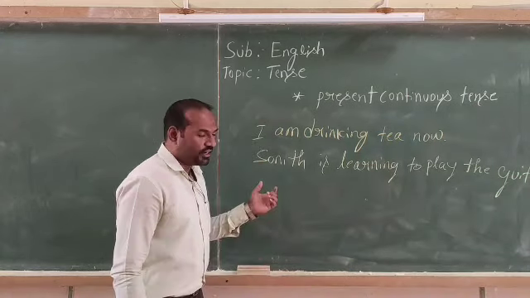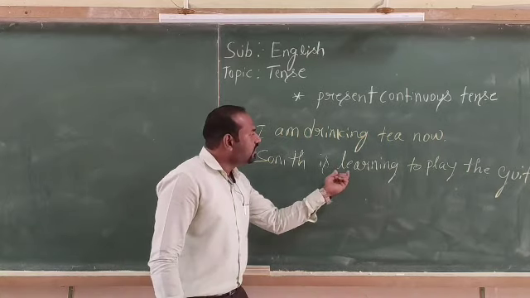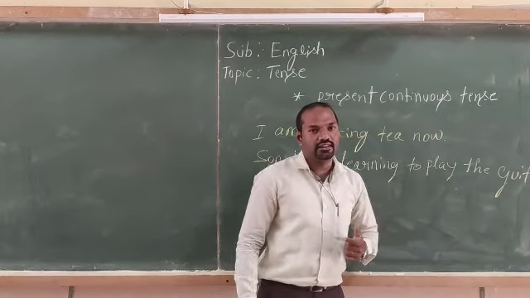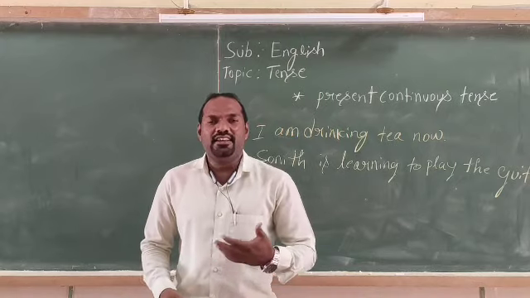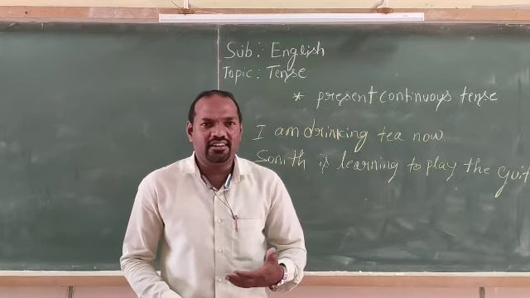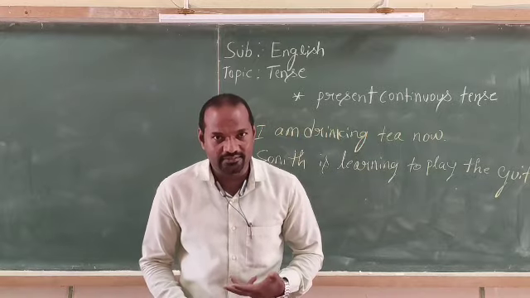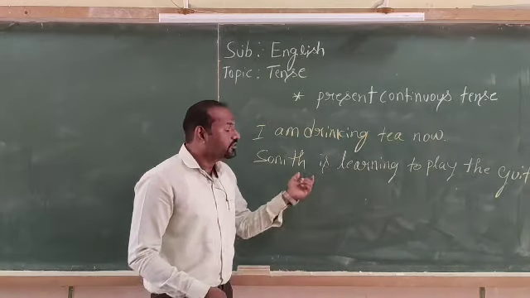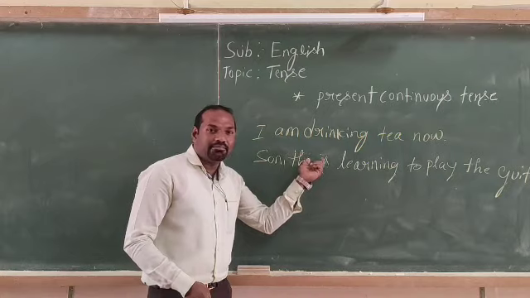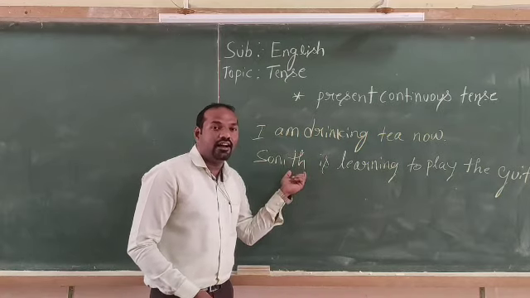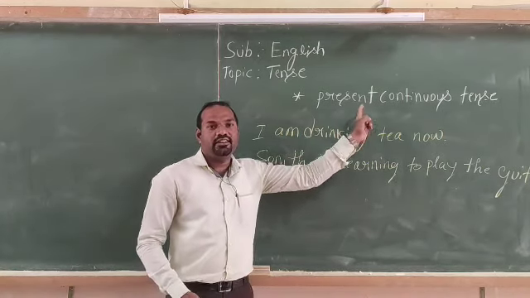Look here, my dear students. Sonit is learning to play the guitar. Maybe he is learning twice in a week, or thrice in a week, or maybe once in a week. Temporary activities. So to describe temporary activities, we use the present continuous tense.